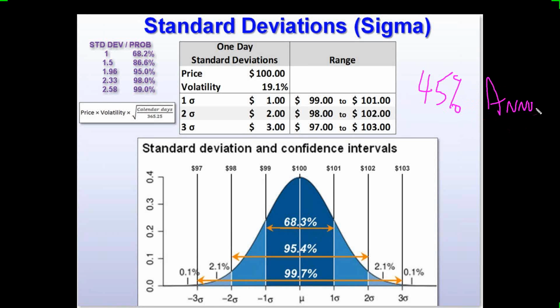So you say, well, I'm going to trade this stock. It's at $100 a share, and volatility of 45% is pretty high, but that means the stock can finish at $55 a share or at $145 a share at the end of 1 year. That's the range at that volatility right there.